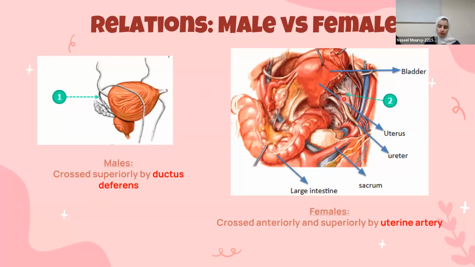Can you guys guess what it is? Don't ligate the ureter. Are you referring to hysterectomy? Yes. In hysterectomy, sometimes you might cut the ureter by mistake, like when you're ligating the uterine artery.